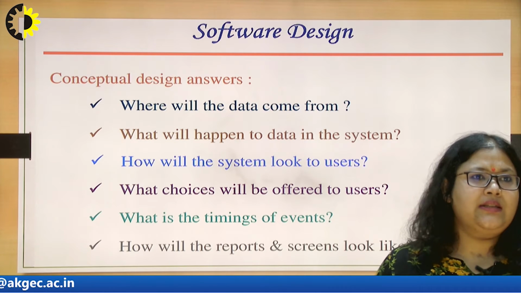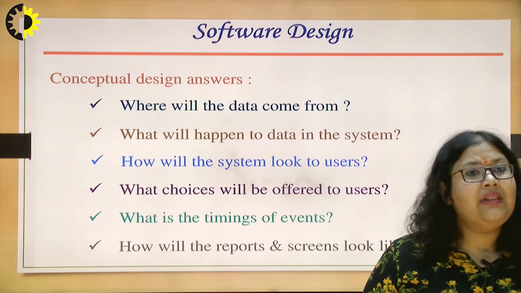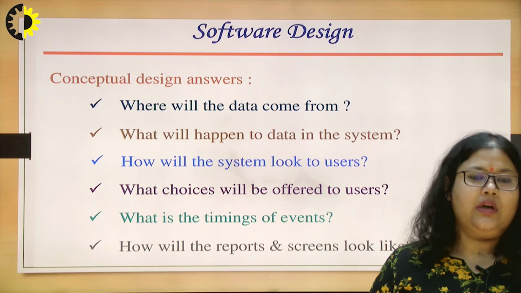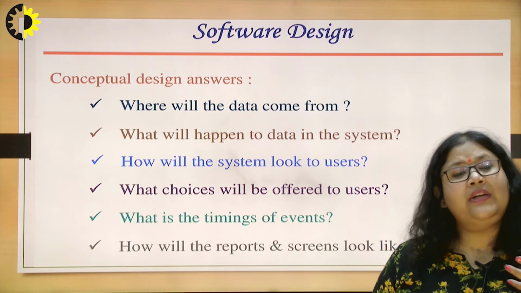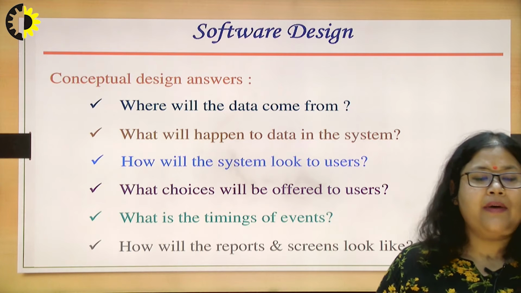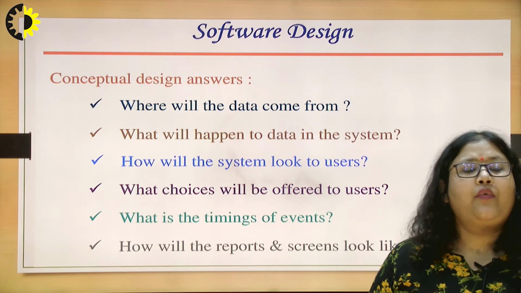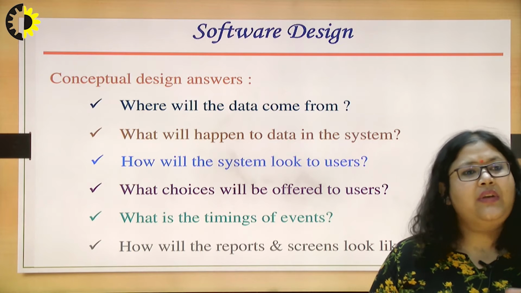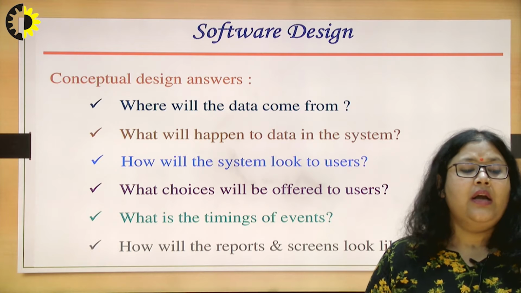For conceptual designs: where will the data come from, which type of data we have to use, how the system looks, whether the visibility of the system is good or not, how much time we have to define when we move from one event to another event, what choices we have to offer to the users, which type of data the customer wants, which type of reports the customer wants.